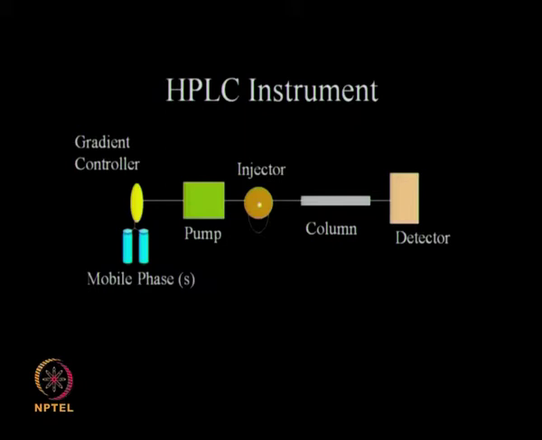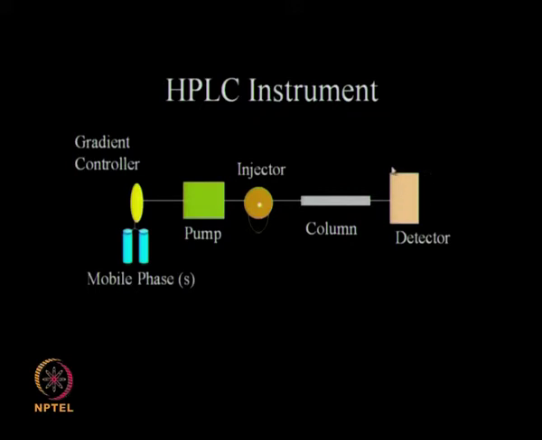You are changing the solvent, that means you are changing the dipole moment so that the separations get enhanced or improved. So you have the pump or pumps, and then the injector where you are injecting your solute mixture, and then the column, this could be several feet, and then finally the detector.